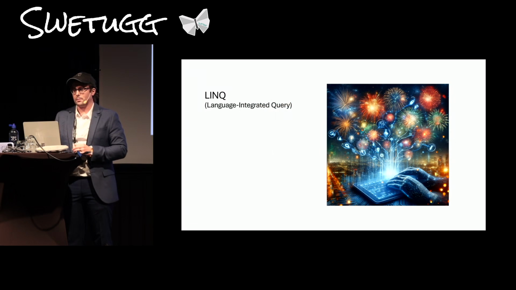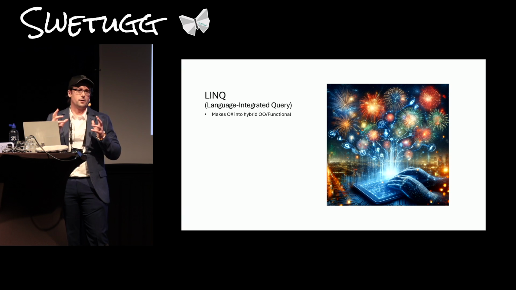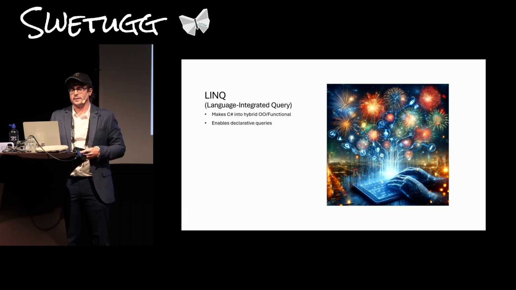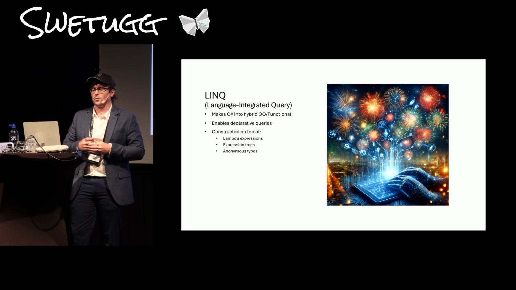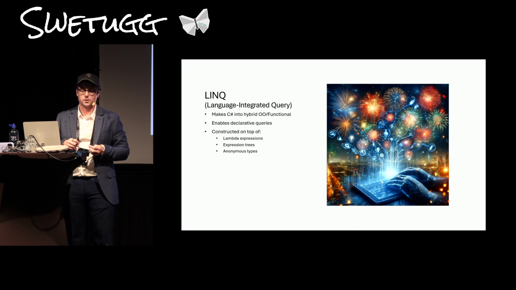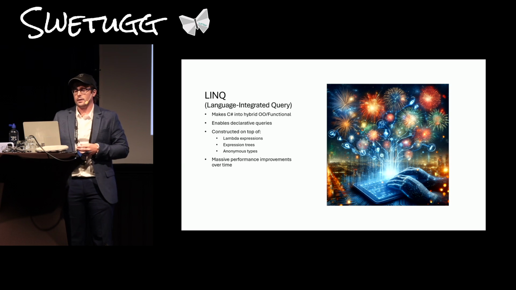But the magical thing about C# 3 was LINQ, and it sort of makes C# very much into a hybrid object-oriented and functional language, and enables you again to use the right tool for the right problem. It enables these declarative queries that you can read and see very clearly what they're doing, and it's constructed on top of these new language features that were added: the lambda expressions, the expression trees, anonymous types, and extension methods as well.